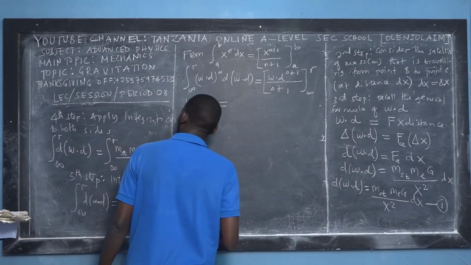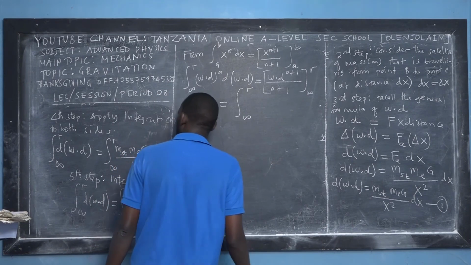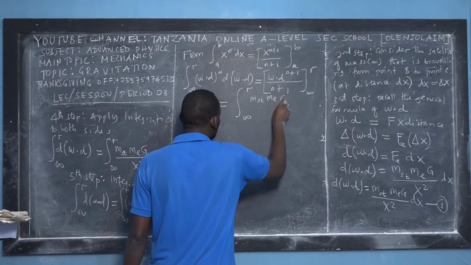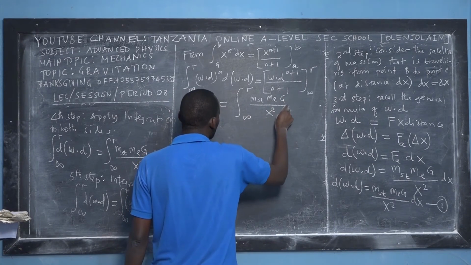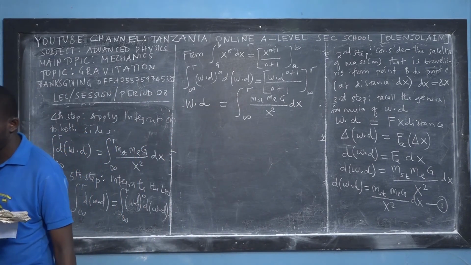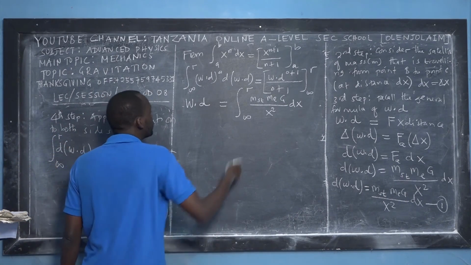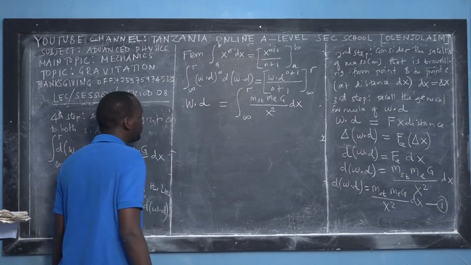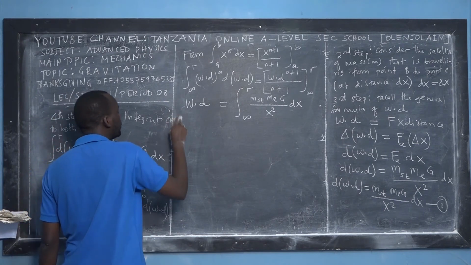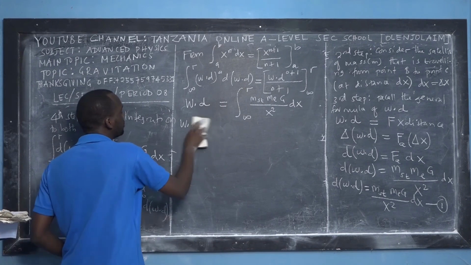And hence we have to recall what you have on the right hand side. We have infinity to r, mass of the satellite, mass of the S, universal gravitational constant, x squared dx. Be careful in this derivation. Be careful once again. Mass of the satellite, mass of the S and universal gravitational constant, all three physical quantities are constant, so we can take them out of the integral.